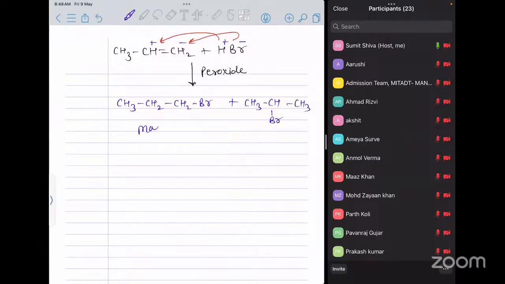So in anti-Markovnikov, this will be major and this will be minor. Is there any doubt? Any doubt? No, sir.